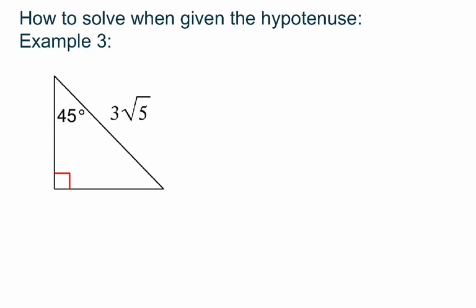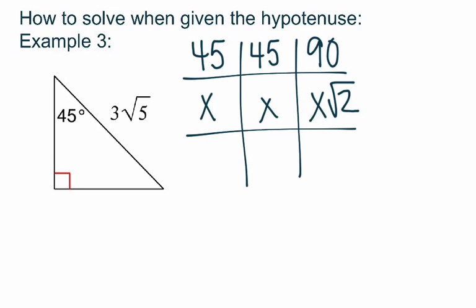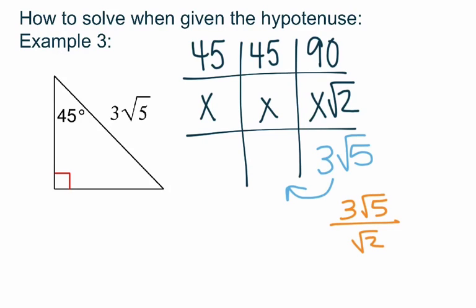One more. We're given the hypotenuse, same grid, 45, 45, 90, x, x square root of 2. We are given 3 square root of 5. So we need to divide: 3 square root of 5 divided by square root of 2. We have to multiply by the square root of 2 on top and bottom.